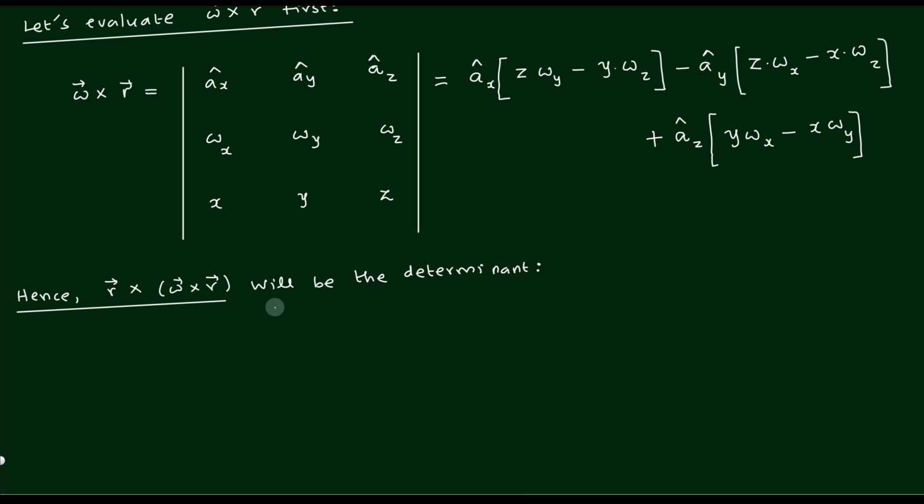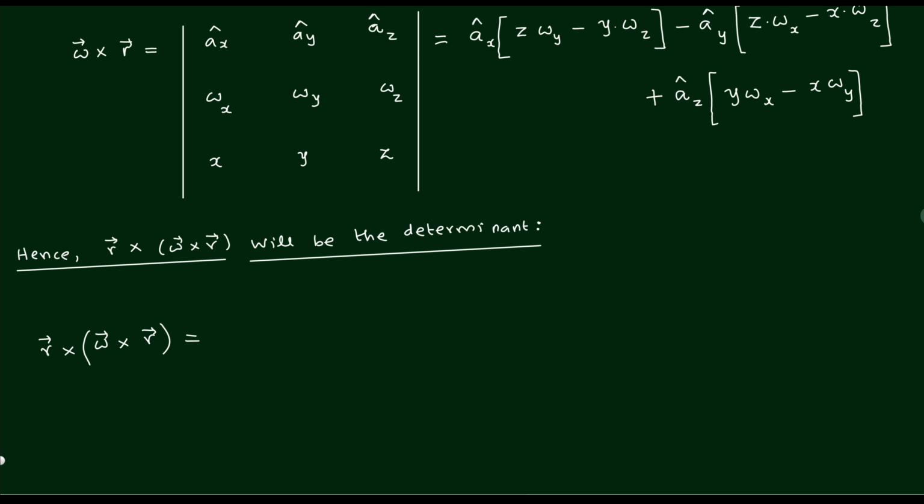That's all about it. The bracket is important, so don't forget to put the bracket. The omega cross R should be inside the bracket. Otherwise, there is a problem. There is no commutative property for the cross product.